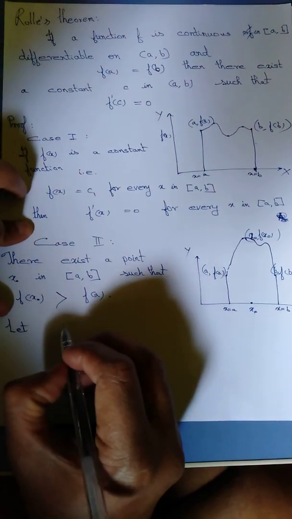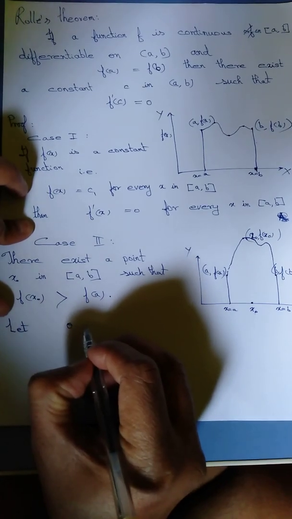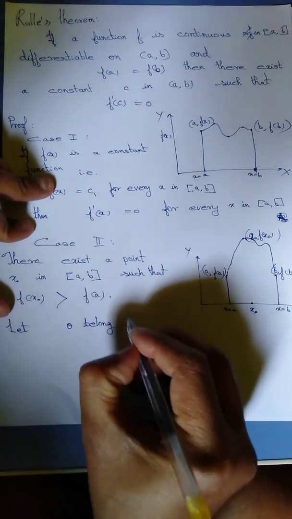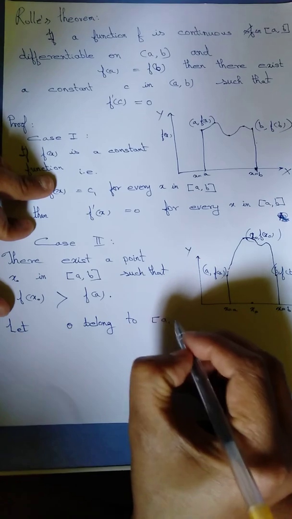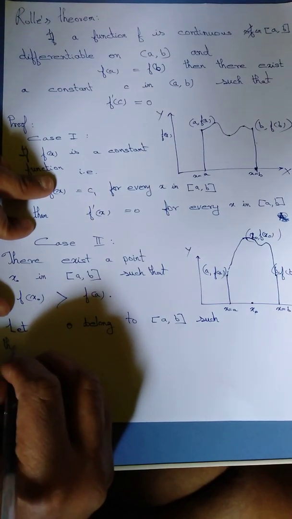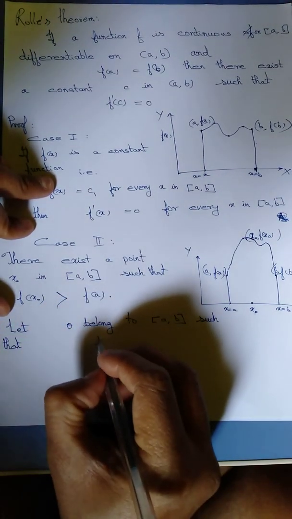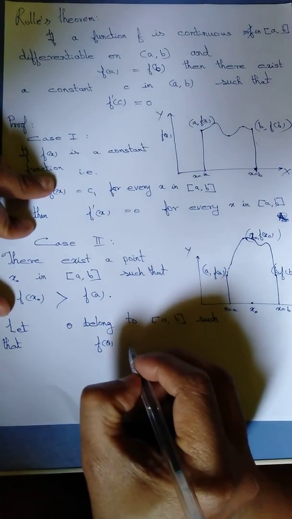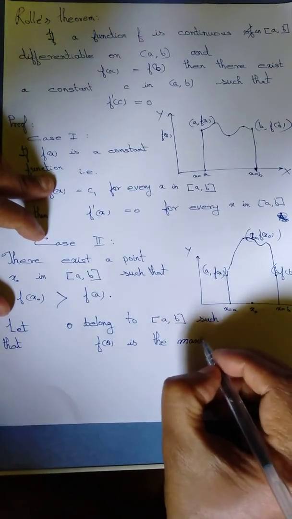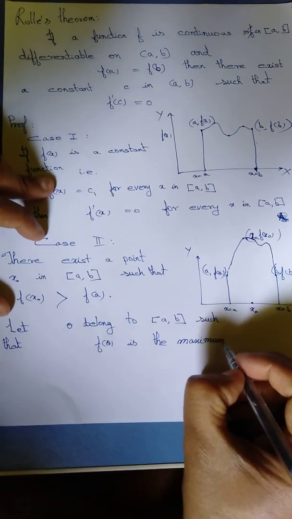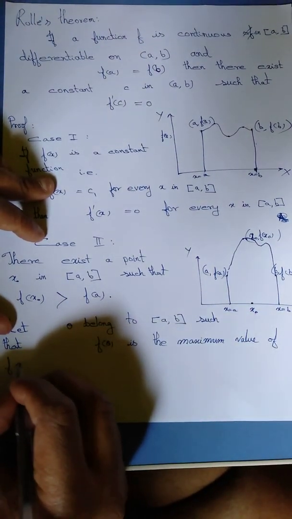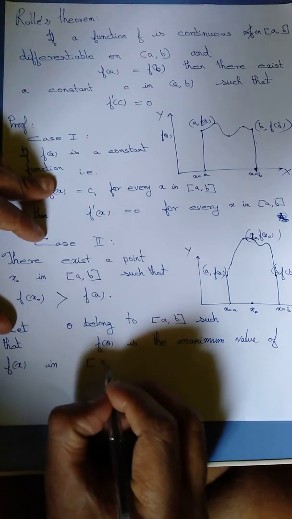Let theta, theta is just a number here, let theta belong to closed interval a comma b such that f(theta) is the maximum value of f(x) in closed interval a comma b.